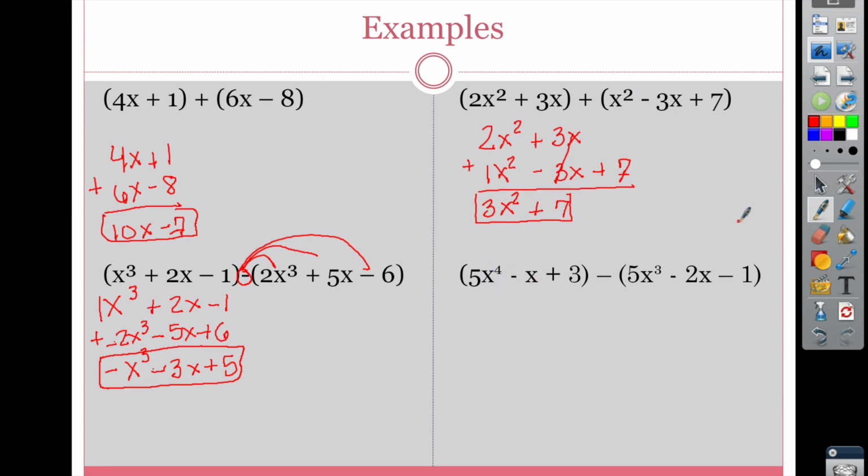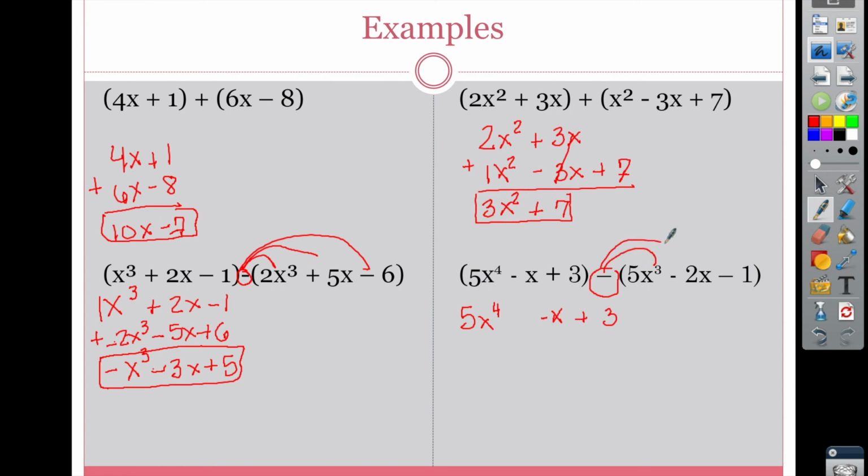So we have 5x to the fourth minus x plus 3, and then minus the quantity 5x to the third minus 2x minus 1. So if you guys notice, we do not have like terms starting, so you need to make sure that you skip a little bit of space when adding. So we need to distribute our negative sign.